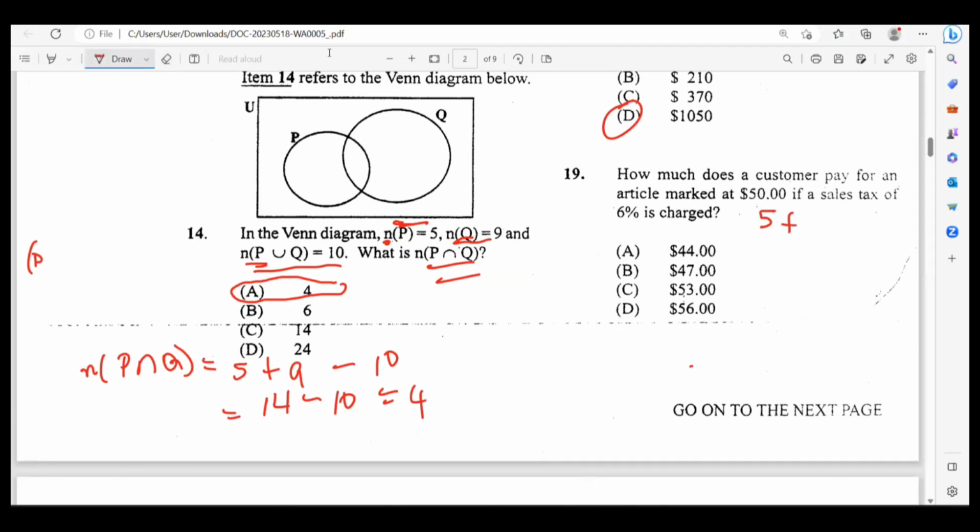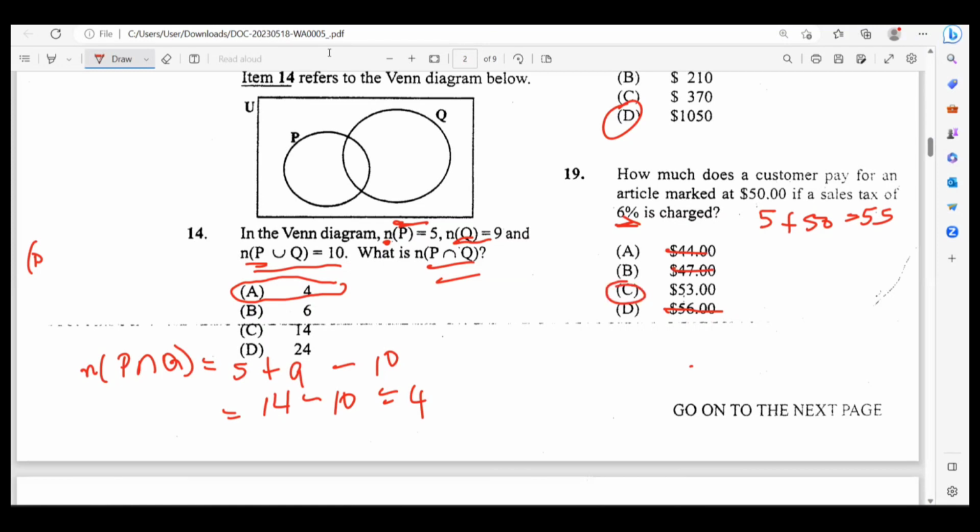If I add that to the 50, if 10% was there, it would have been $55. So it cannot be 56, because 10% is 55 and we're not even reaching 10%. So it cannot be 56 and it cannot be less than 50. This is out, that is out.